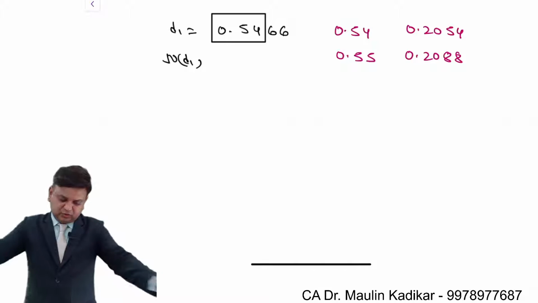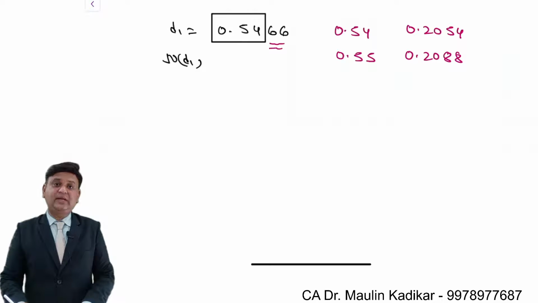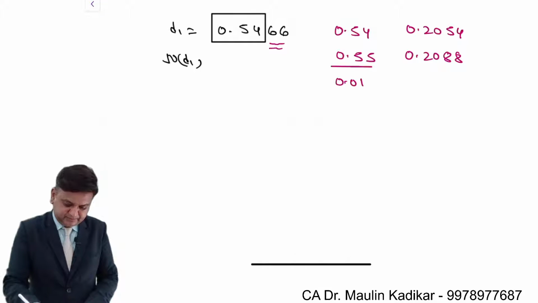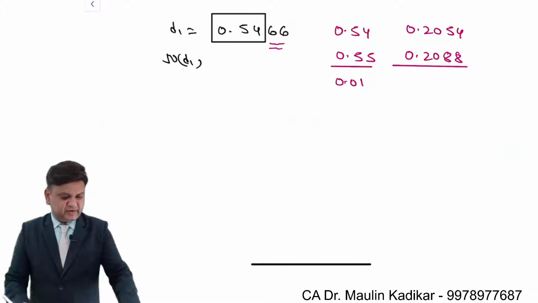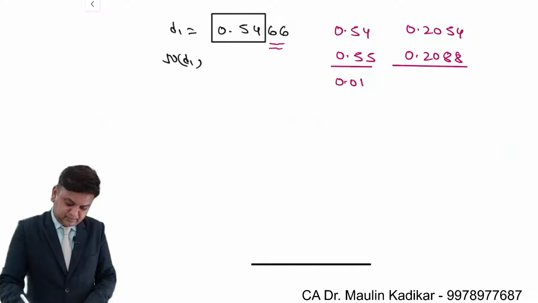Now we are required to have the reading of 0.5466. So what we have to do, we are required to do interpolation. 54 and 55 has a difference of 0.01 and 0.2054 and 0.2088 has a difference of 0.0034.